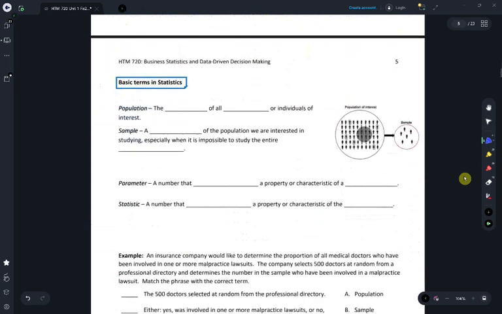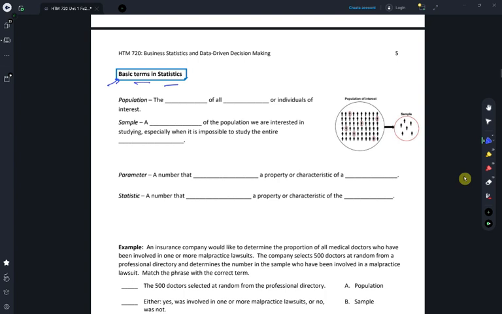Let us proceed to basic terms in statistics. These are words or terms we're going to use a lot in this class. And so we begin with population. This refers to the collection or set of all objects, whether living or non-living, or individuals of interest. You see, sometimes when we define a population of interest, it might be difficult due to limited resources to reach everyone in the population to collect data.